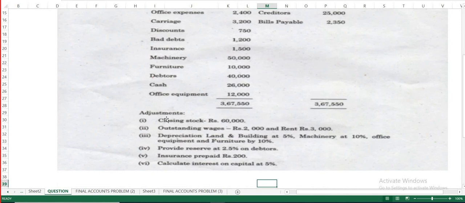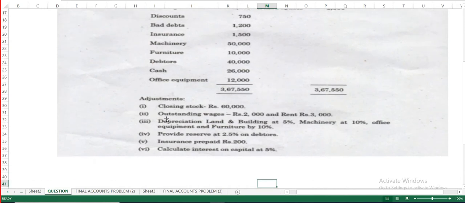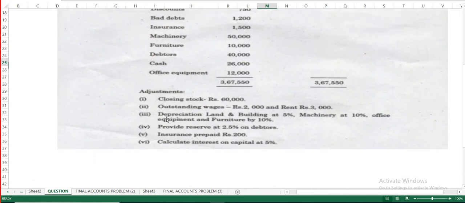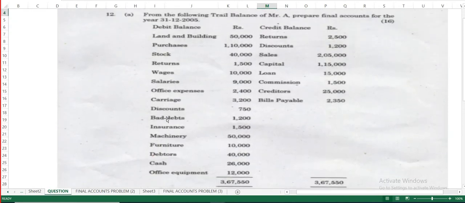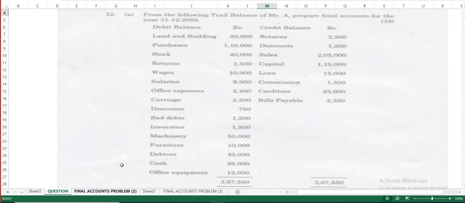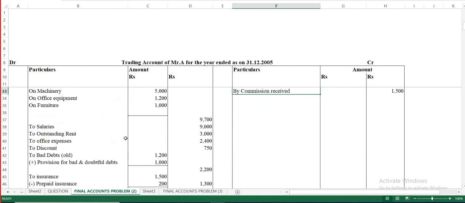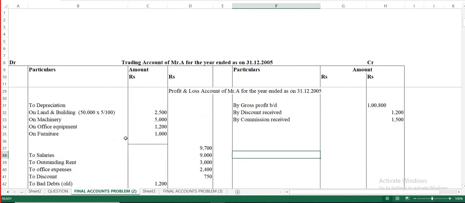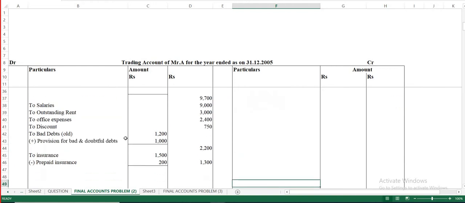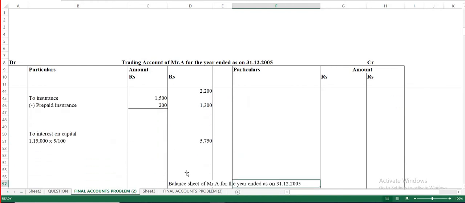Depreciation entered, provision for bad and doubtful debts, insurance prepaid, interest on capital, depreciation, everything has been given. Similarly here also, every item we have given, salaries and then office expenses. Now try to balance the profit and loss account. Total both the sides, debit side and credit side, and find out the values.